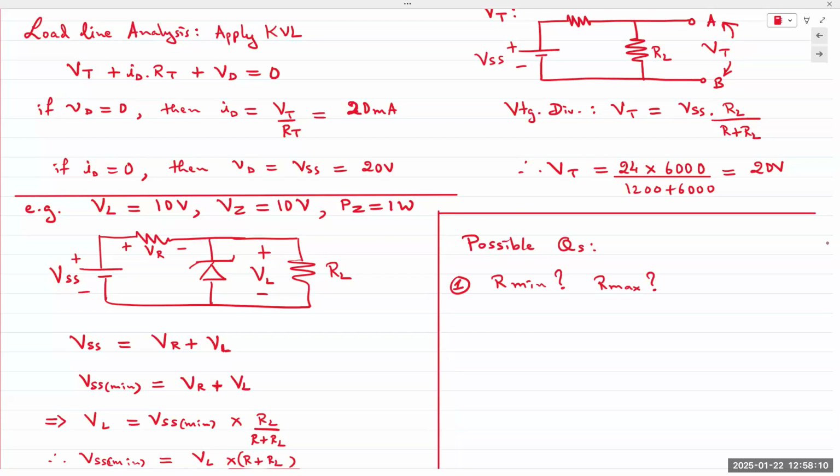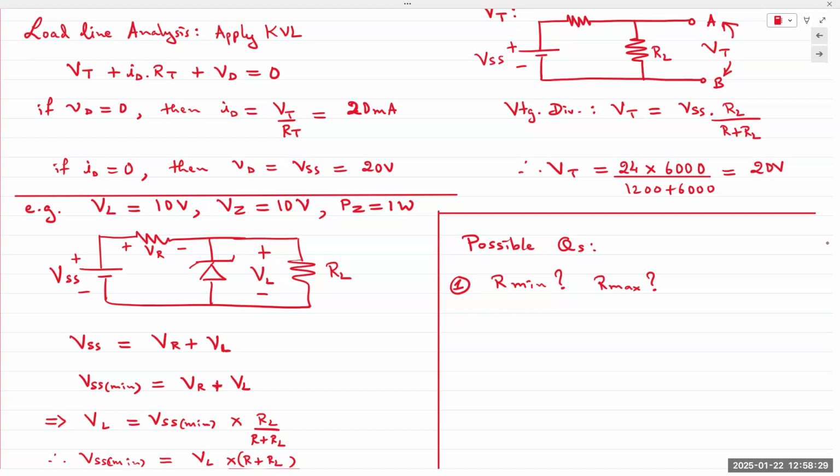Remember, we just saw the expression for the Thevenin voltage as well as the load voltage. If R is high and exceeds a certain limit, not enough voltage will be applied to the Zener diode for it to turn on.